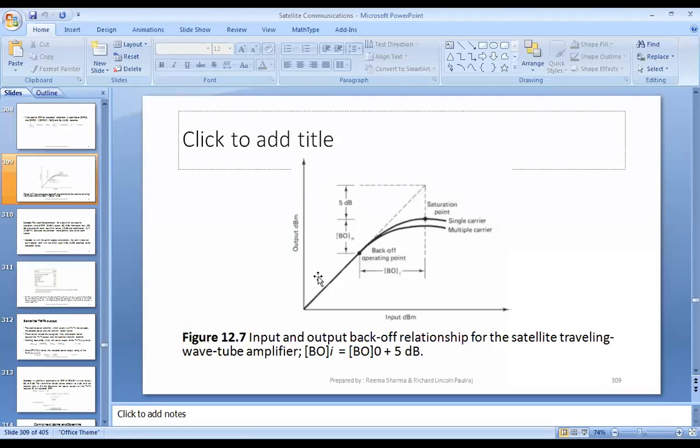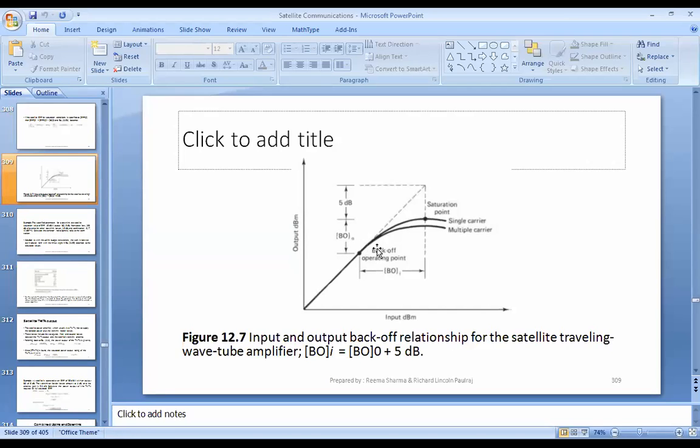I want my responses to be as linear as possible. I do not want them to bend, I do not want them to be stable. Instead I want an output that keeps on increasing. So I will try to reduce my input and bring them in that range, so that my output doesn't go beyond the point here.